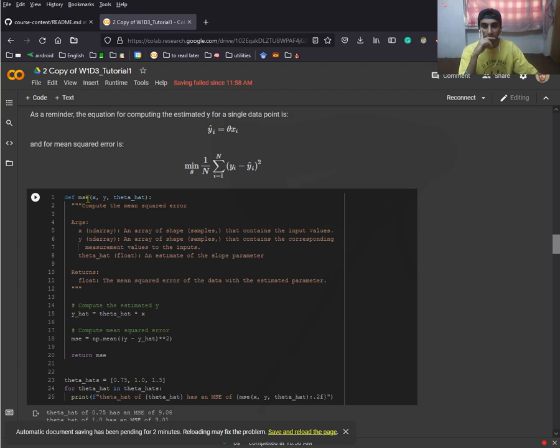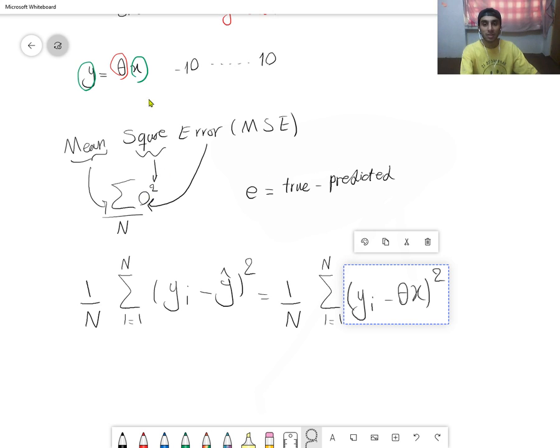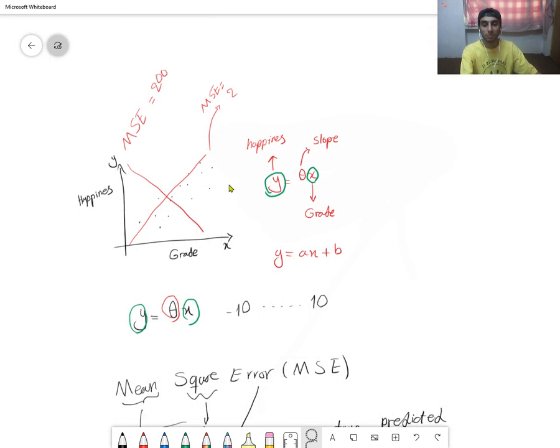Here, we wrote a function which gets x and y and theta hat and says what is the MSE of this equation. Remember? Here we generated different lines.